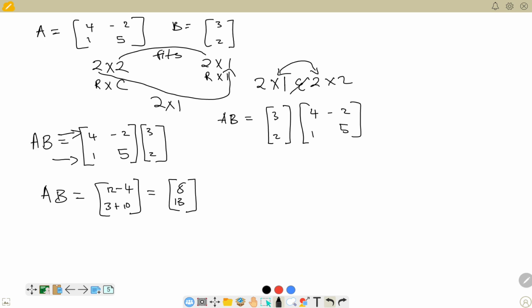So the columns on the first matrix is not equal to the rows on the second matrix. So this one we say that is undefined. So if you are having this case, do not try to puzzle over it. Just write that it's undefined. So it is very important that we check before we proceed with these matrices.